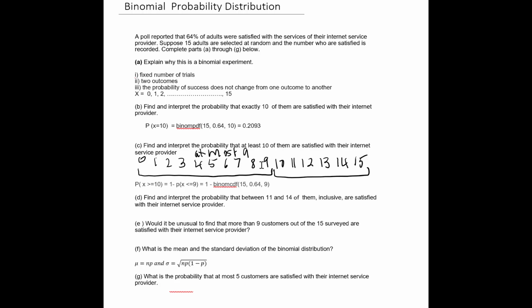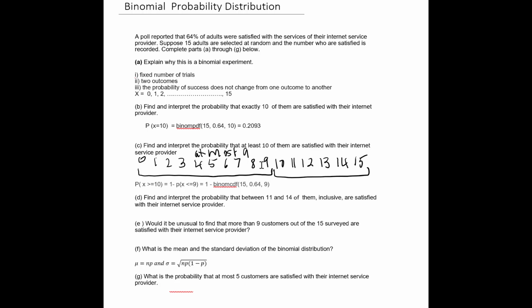At most 9. And as I told you, the calculator has a formula that does at most. So here's what I'm going to do. We're going to do the probability of at most 9, which means 9 or 8 or 7 or 6 or 5 or 4 or 3 or 2 or 1 or 0. And then the answer that we get, we subtract from 1 because the sum of all probabilities must equal 1. So probability of x greater than or equal to 10 equals 1 minus probability of x less than or equal to 9.